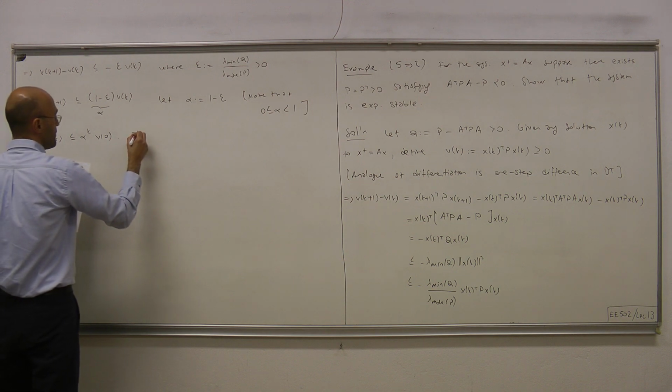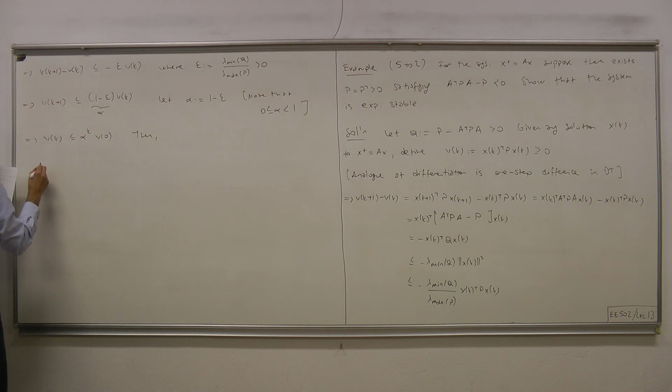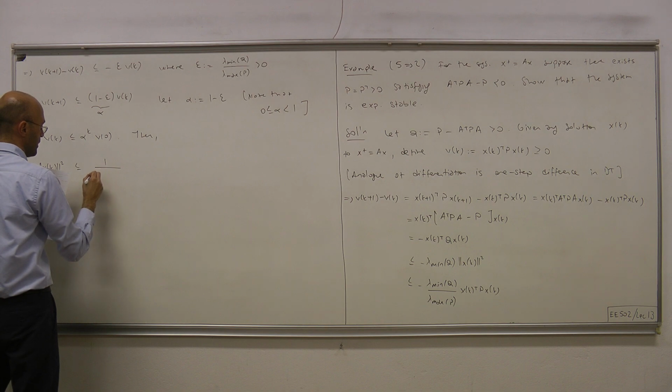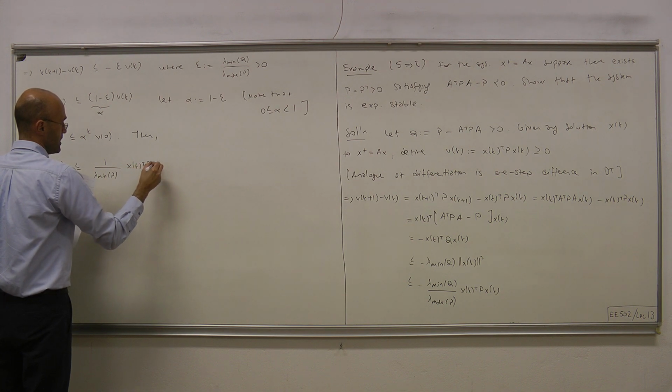Then we proceed as follows. The norm square of the solution is less than or equal to 1 over lambda min P times x(k) transpose P x(k).